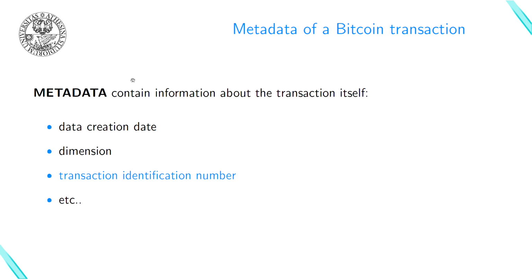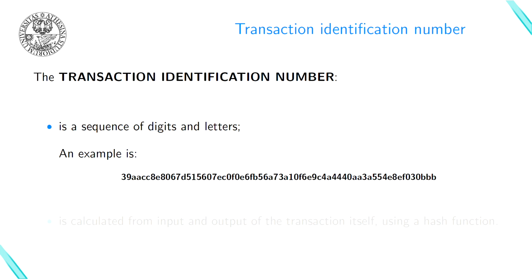The metadata contains information about the transaction itself, such as the creation date, the file size, the identification number, etc. The most important is the transaction identification number.